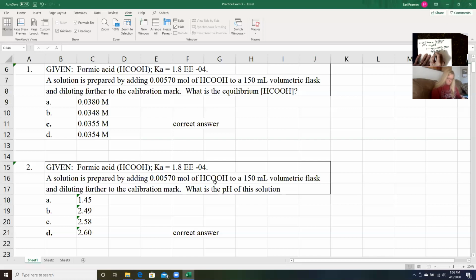You take the log of this number, the log of 2.53, and you add the log of 10 to the minus 3. Now, this part right here, log of 10 to the minus 3, is just going to be minus 3.